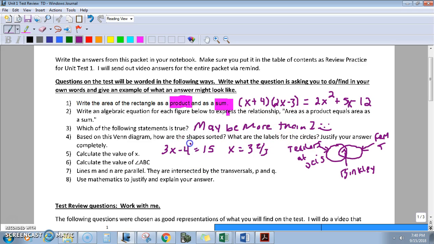Let's say that the angle was actually represented by this equation. To calculate the value of the angle, I would have to put in 3 and 2/3 where the x is, right? So that's the difference we talked about in class, either calculating the value for x or calculating the value for the actual angle.